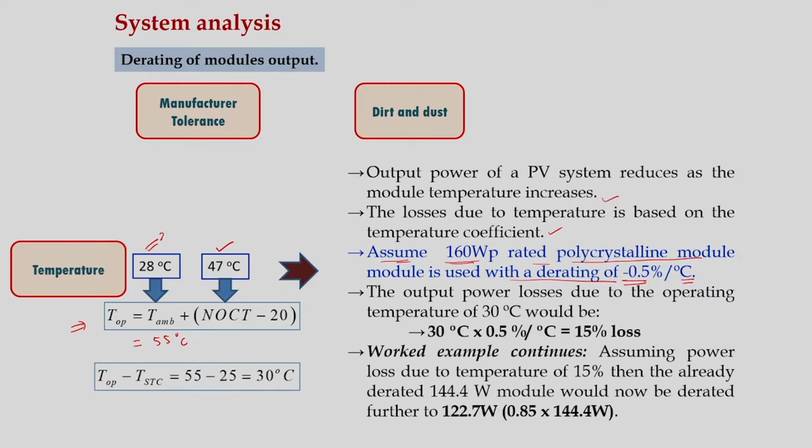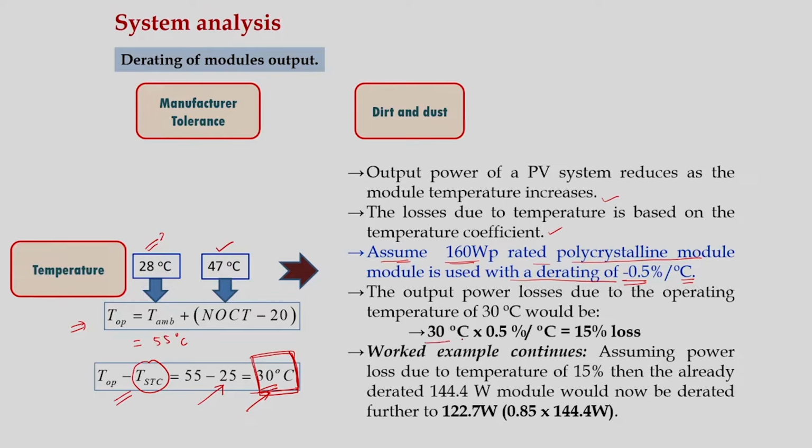Now, if we deduct T STC from this operating temperature, what will be the effective temperature? 55 minus 25 is 30. What does it mean? These modules, or say cells, are tested at 25 degree C. Now we got a temperature rise of 30 degree C beyond 25, right.